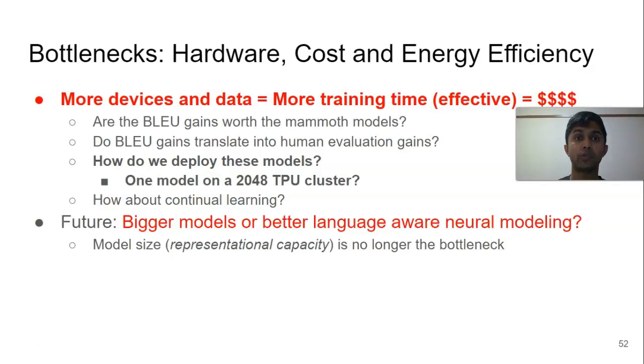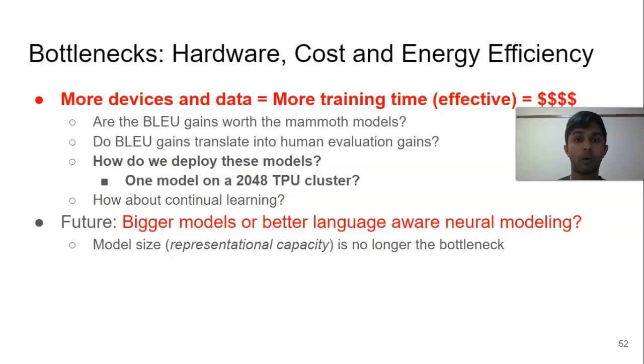However, are the BLEU gains worth the mammoth models? Next, do BLEU gains also translate into human evaluation gains? And the most important question is, how do we even deploy these models? Because a GShard model has more than 600 billion parameters. How do we deploy this? Do we use a single 2048 TPU cluster?